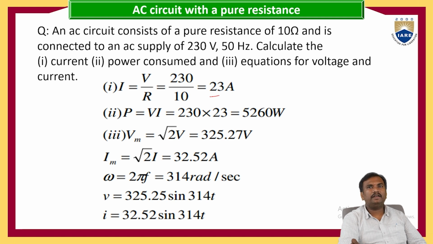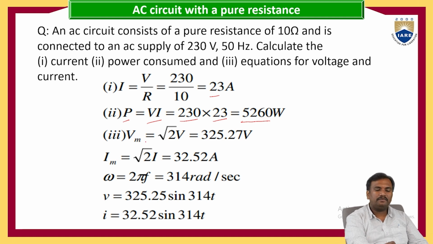For power consumed, there is no phase angle difference, so power consumed is equal to VI, that is voltage 230 and current 23, that is 230 into 23, which gives 5290 watts. This is the power value.